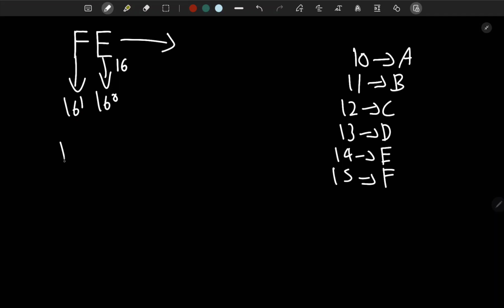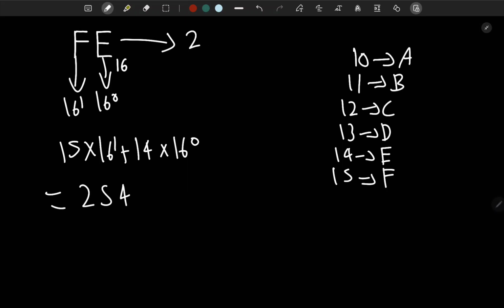F is 15 multiplied by 16 to the power of 1 plus, now E is 14, and you multiply by 1 since 16 to the power of 0 is just 1. 15 times 16 plus 14, you would get 254 as the decimal representation. And you can even write a 10 next to it to state that it's a decimal representation.